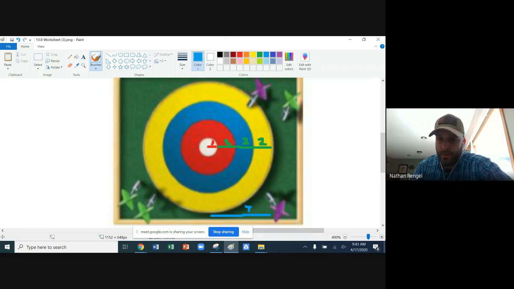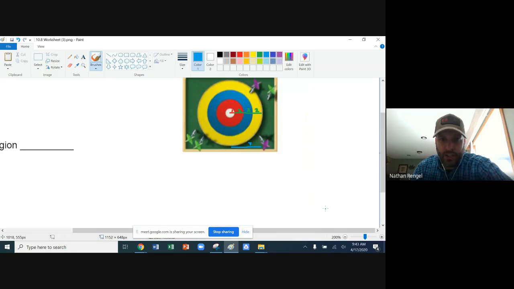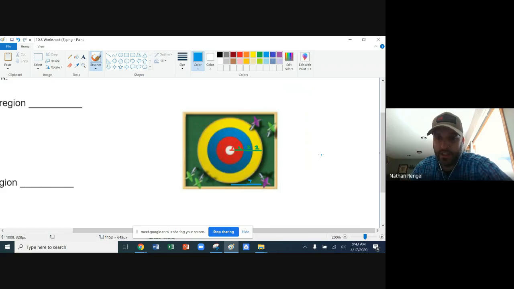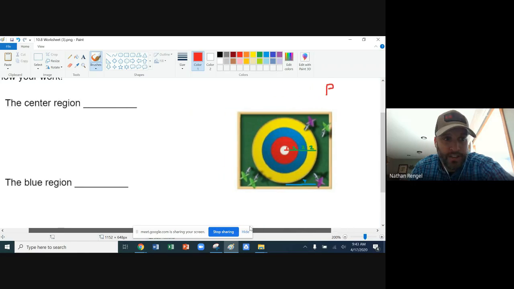Now, anytime you find a probability, you're going to compare what you want to hit with your dart compared to the total region that you're trying to hit. So I'm going to show that off to the side over here. To find the probability, we're trying to hit the center region.